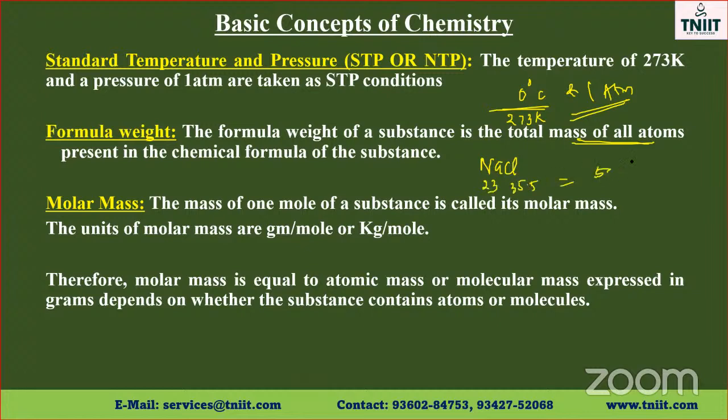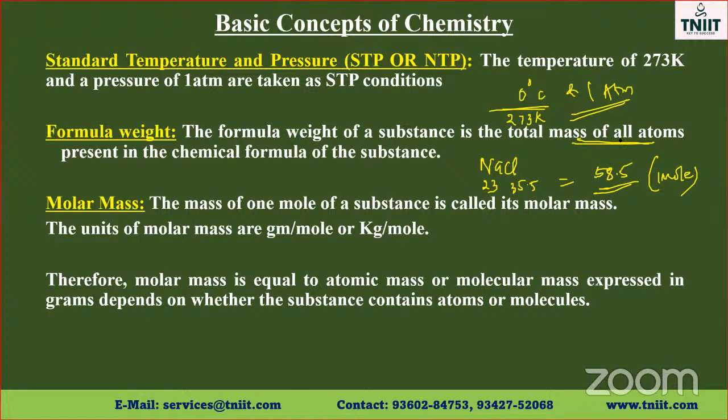So it'll be 58.5. So 58.5 is the formula weight, and molar mass is also 58.5. This 58.5 grams contains Avogadro's number, that's 1 mole. So therefore, it will also be called molar mass.